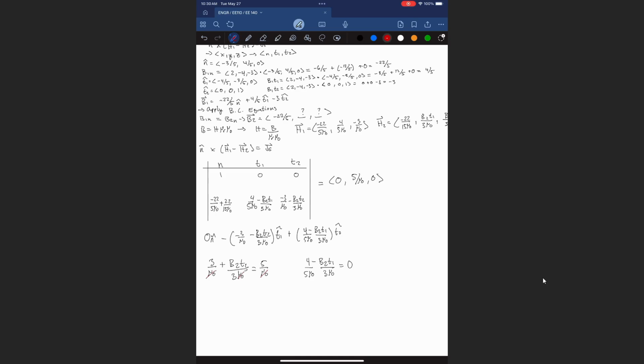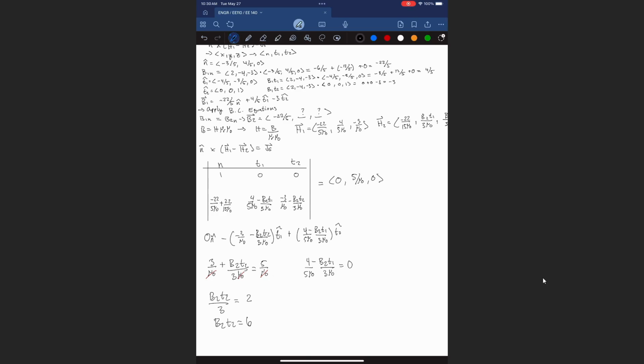On the first equation, we can cancel out all the mu naughts, and then move 3 to the other side, and then multiply by 3 and get B2 T2, which equals 6.